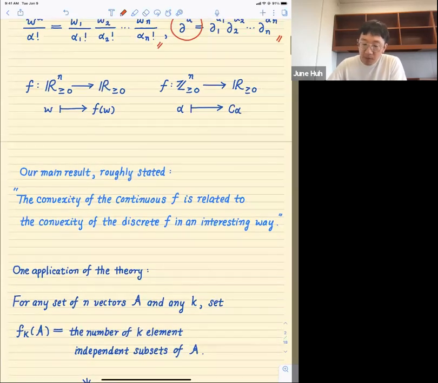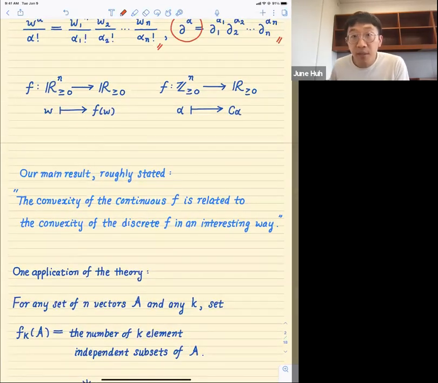So I'm going to introduce a specific conjecture in combinatorics, specifically in matroid theory. The conjecture is most elementary and easy to state in terms of linear algebra, so let me stick to that setting without telling you what a matroid is.